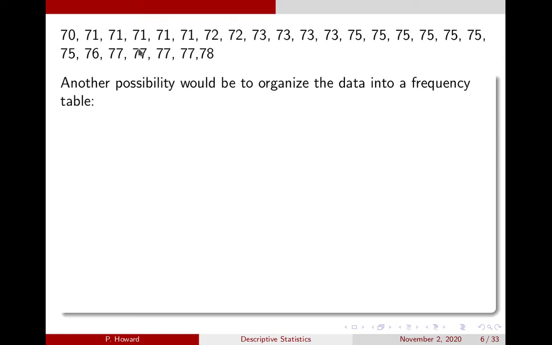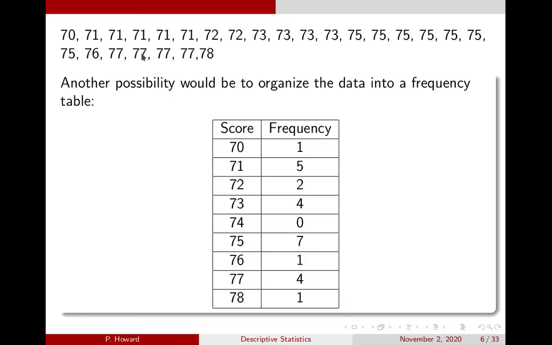Here are the numbers in order again at the top of this slide. Another possibility would be to organize the data into a frequency table. So the frequency table would look like this. We have two columns.